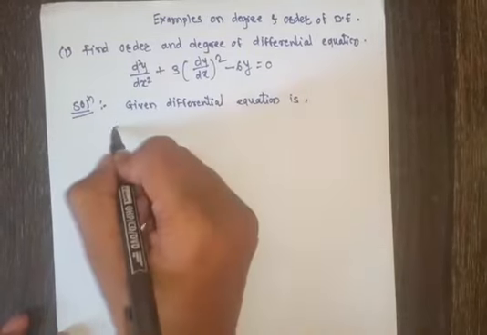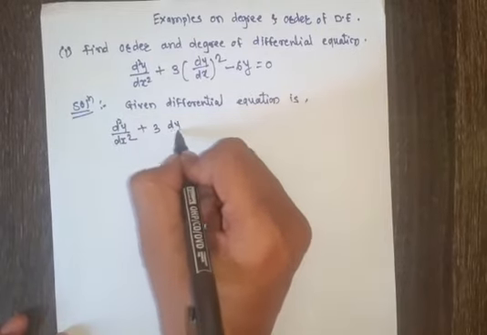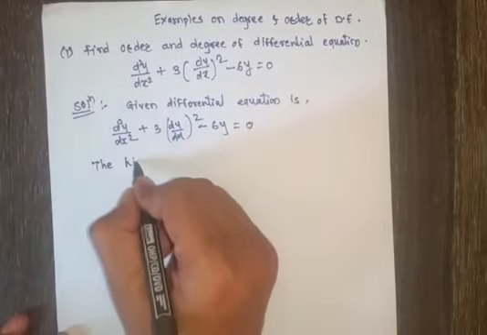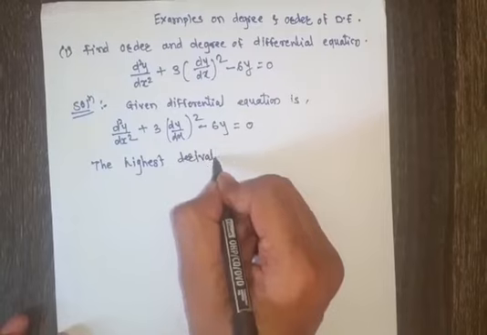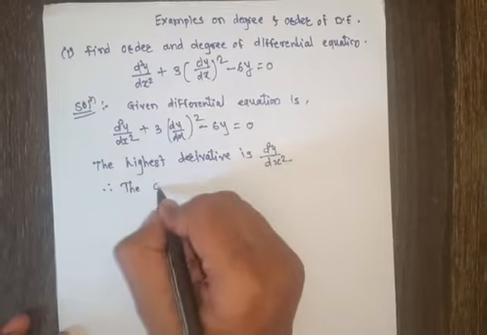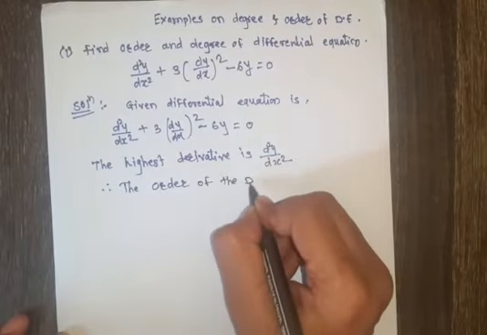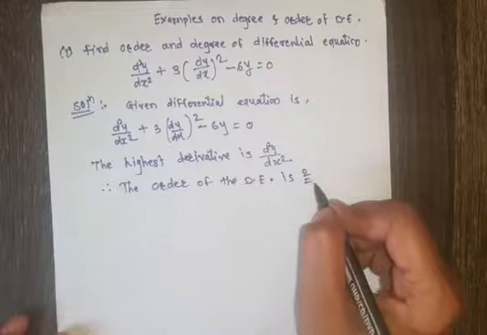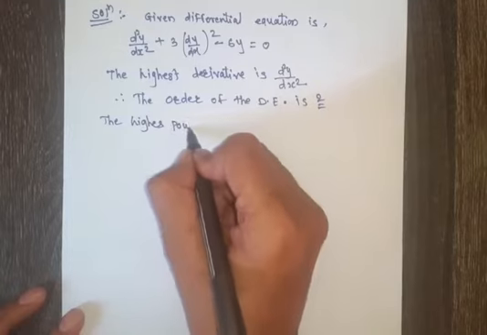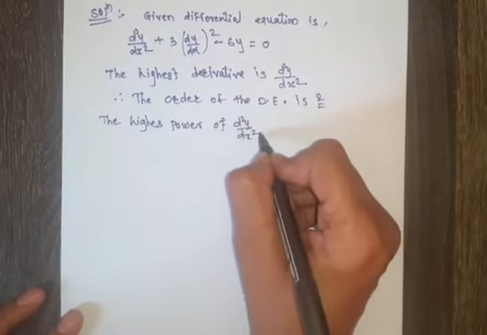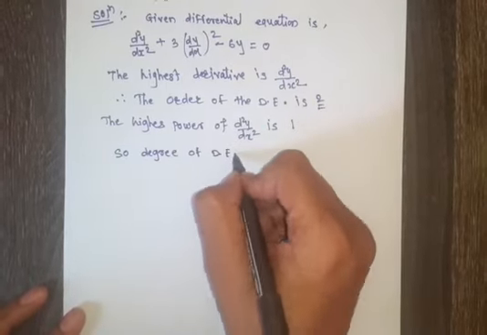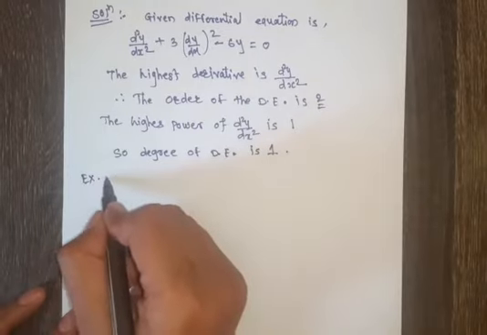The highest derivative is d2y by dx square, and therefore the order of the given equation is 2. Now for the degree, the highest or maximum power of d2y by dx square is 1, and so the degree of a given differential equation is 1.